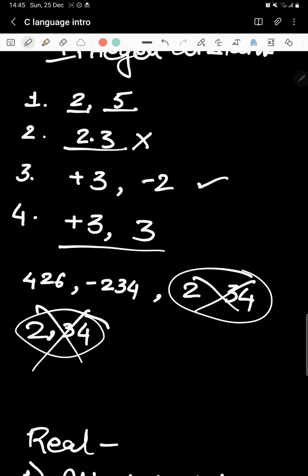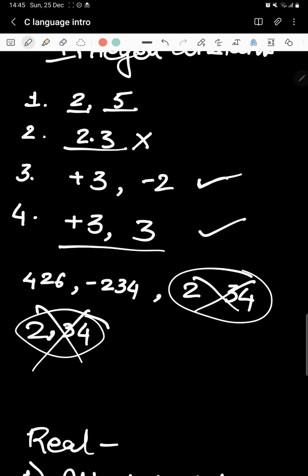If any constant does not have any sign, it is by default considered as positive. So its default sign is positive. So plus 3, minus 2, both are correct, both are allowed, and plus 3 and 3 are same. So both are nothing but positive constants only.